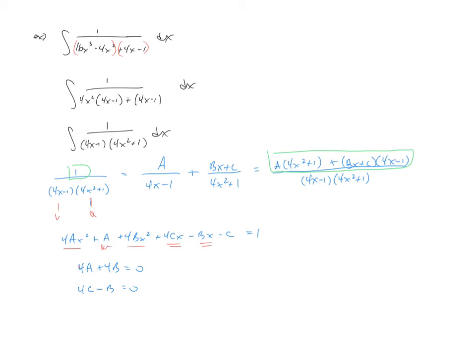And last, our constants. We'd have A minus C equaling 1. A minus C equals 1. So there's your system. And when you solve this now, you do end up with constants, A equaling 4/5, B equaling negative 4/5, and C equaling negative 1/5.